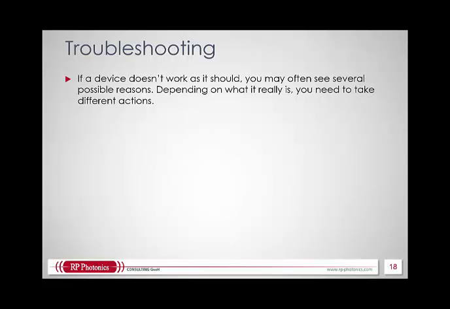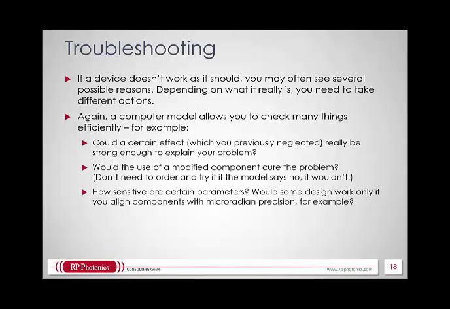You can also use it for troubleshooting. If a device doesn't work as it should, you may often see several possible reasons for that. Depending on what it really is, you need to take different actions. Now again, with a computer model, you can check many things quite efficiently. For example, you can check whether a certain effect which you previously neglected might really be strong enough to explain your problem.